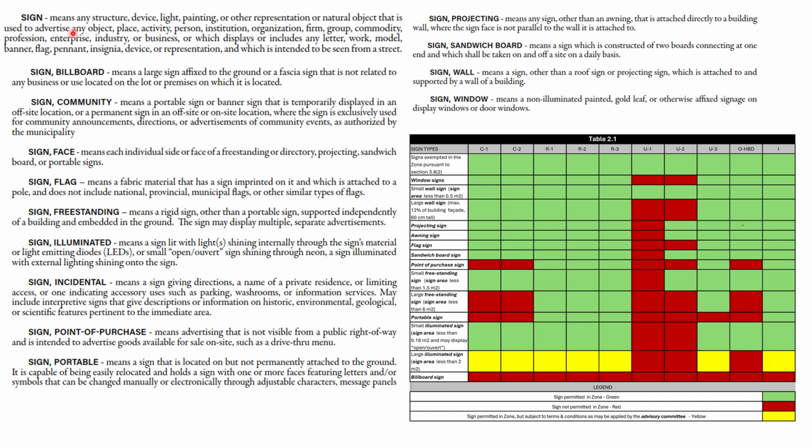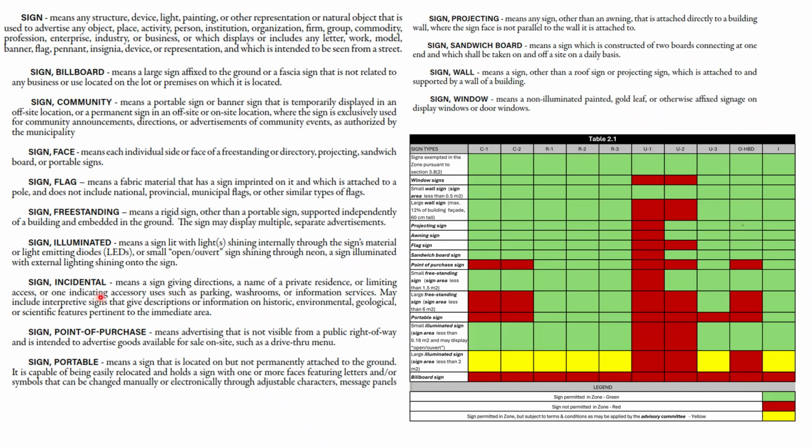The signs all have different definitions. So this is the different types of sign. You've got your billboard, your community sign. This is just describing the sign face, flag signs, freestanding signs. Those are those large signs, typically fixed to the ground, illuminated signs.